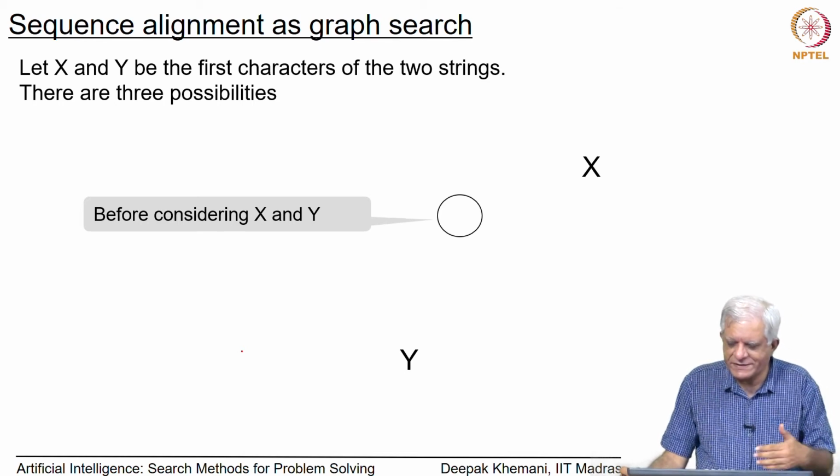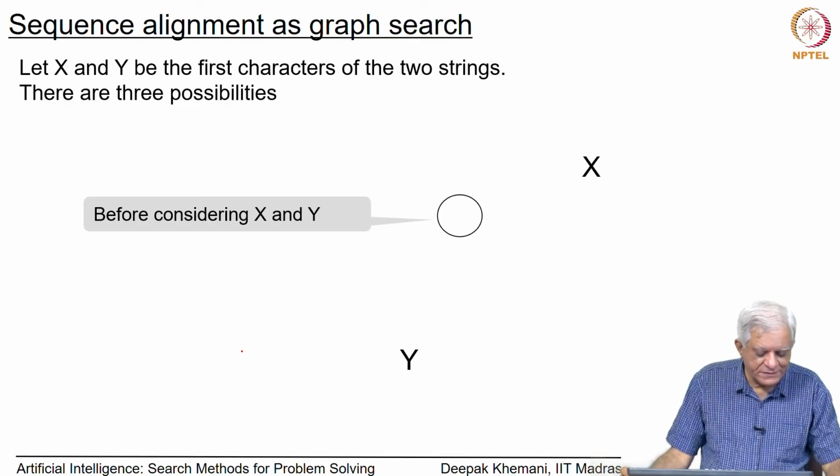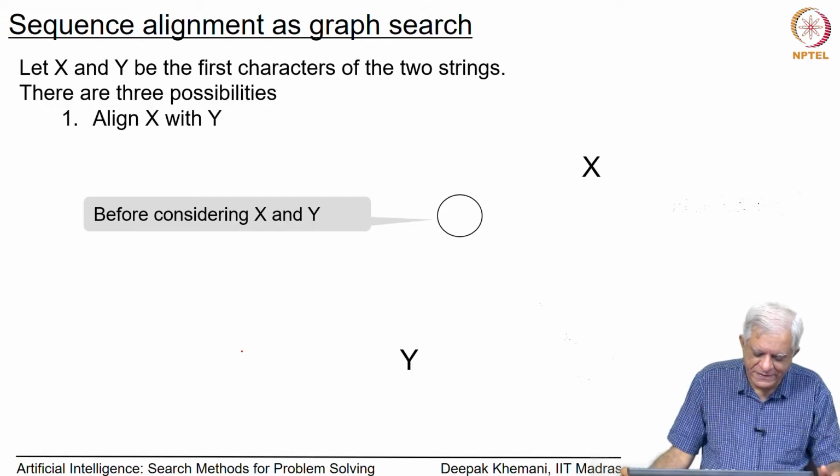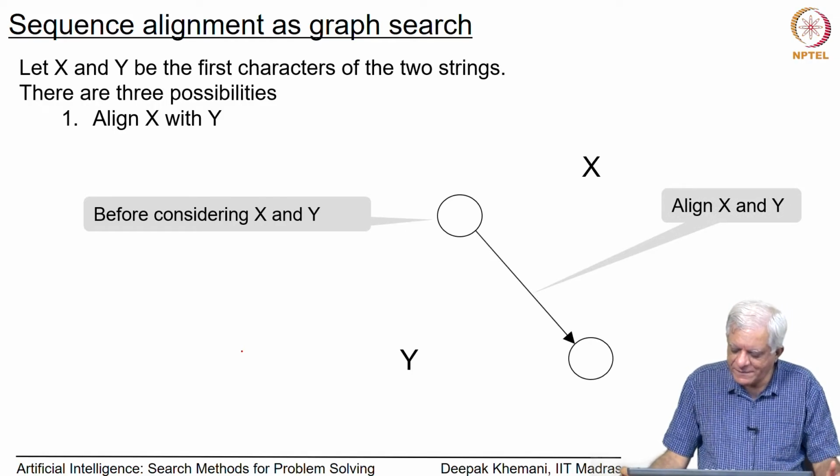How can we see this in terms of the search graph that we are generating? We start by looking at the simplest case when we align X with Y. This can be represented by saying that you are making a move and you are going to a new case where X and Y are aligned.